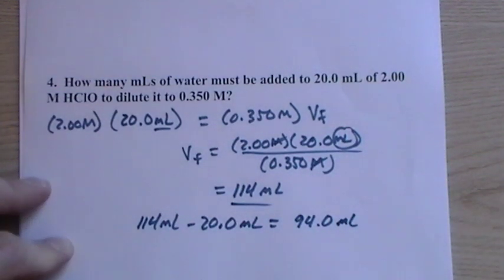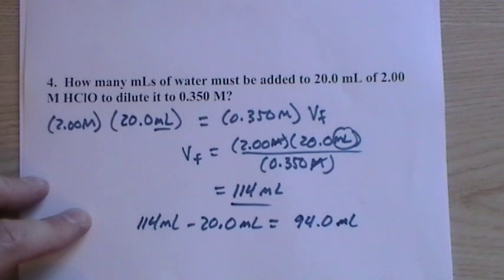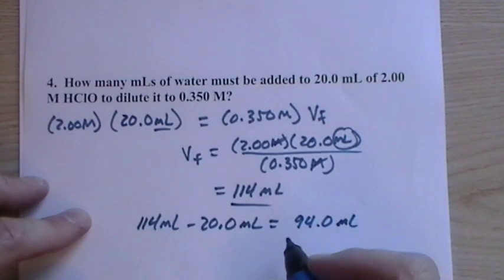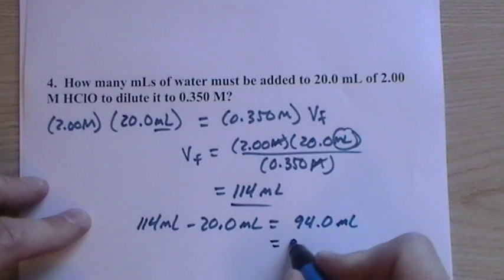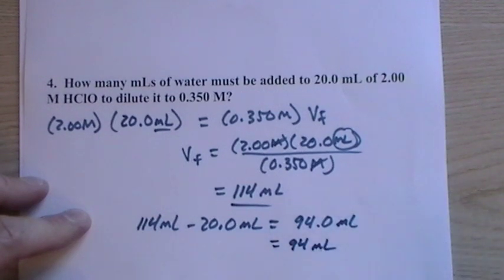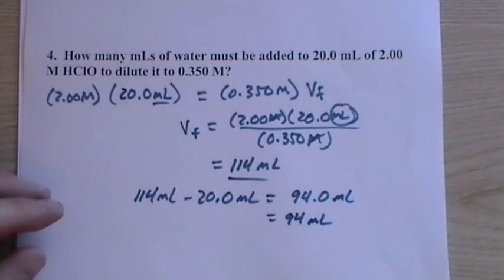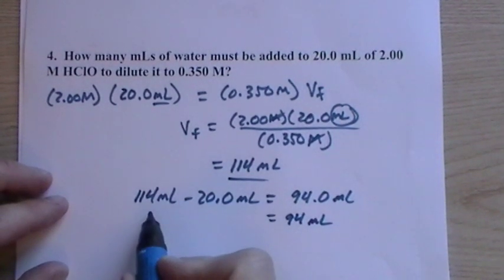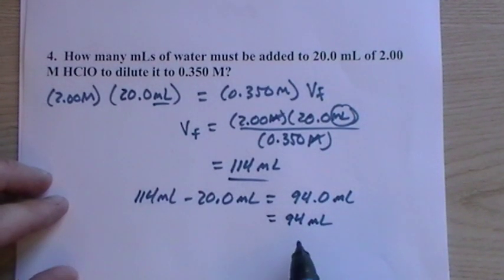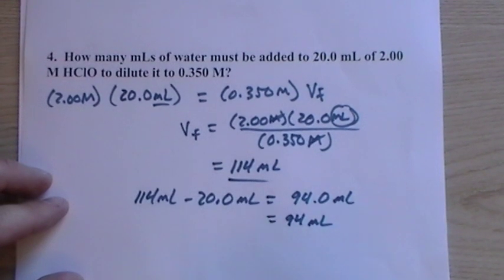Since we subtracted, we'd actually end up with just 94 mils for our answer. Keeping track of our significant figures, because this only goes out to the ones place and this goes out to the tenths, we need to add 94 mils. That's what the question was.